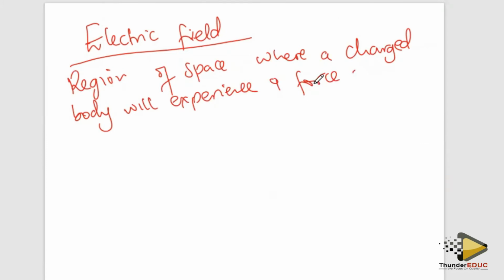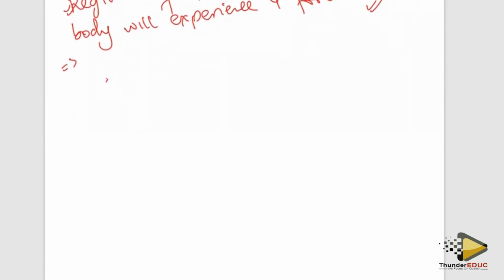At times we say it's a region of space in which an electric charge experiences a force. So the direction of the field at a point in space is the direction in which a positive one charge would move if it was placed there. So the direction that this force will be operating on that object is basically the direction that a positive one charge would take if it was placed within that region of space.